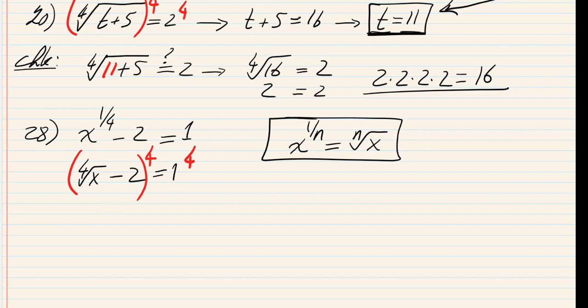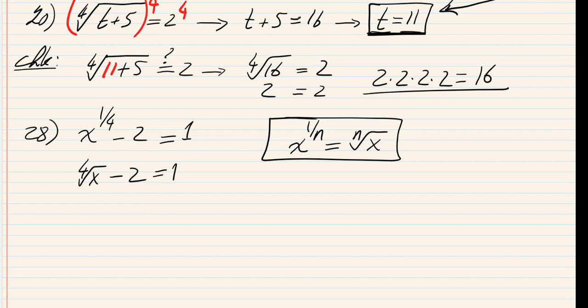If I raise this to a power, I'm going to end up with 5 terms. Remember, this is to the 4th power, so I've got to FOIL this and multiply the binomial by itself 1, 2, 3, 4 times, right? Which I'm not going to do. That's why we don't want to raise both sides to the fourth power right away.